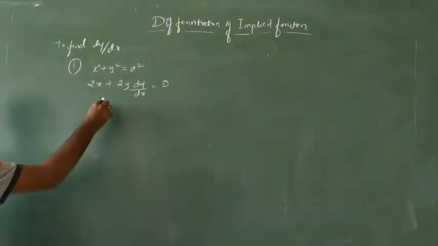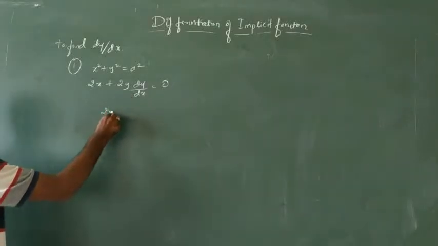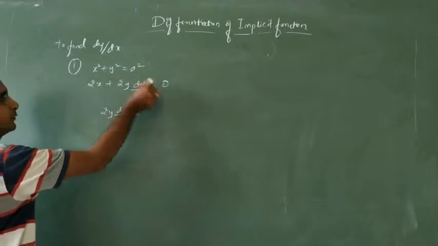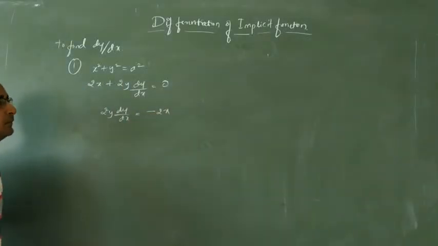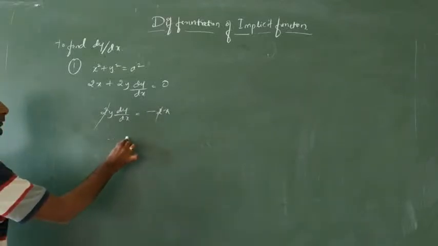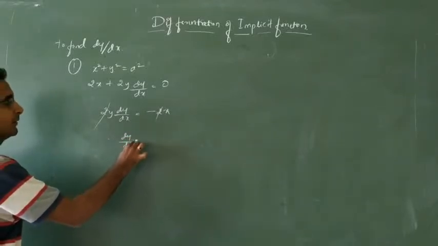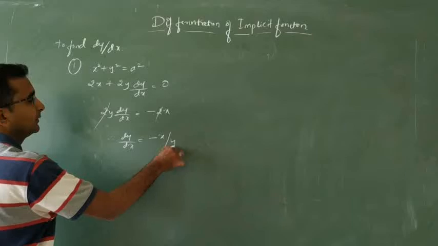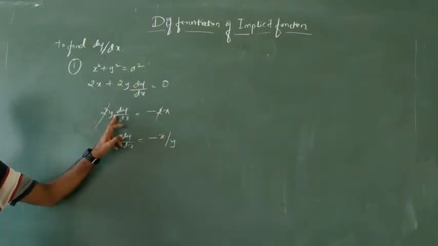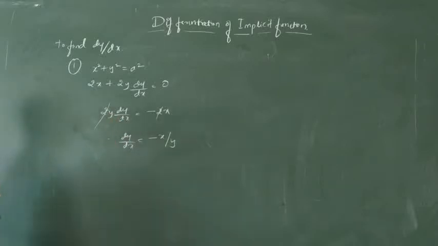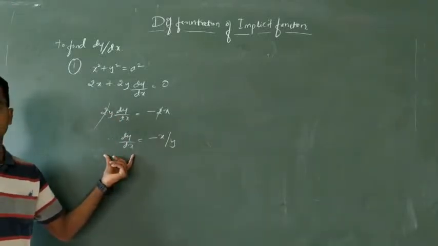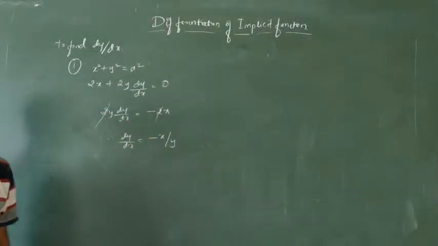So here the term 2y dy by dx I keep here, then I take this 2x to the other side, it becomes minus 2x, this 2 gets cancelled. Therefore dy by dx is nothing but what? That is minus x divided by y, because this y is multiplied with the dy by dx. This is nothing but implicit function, differentiation of the implicit function.